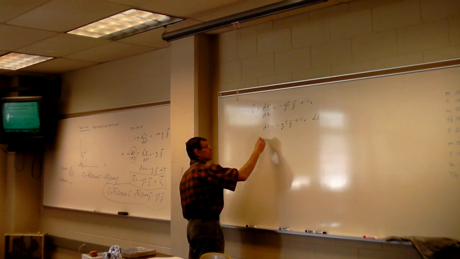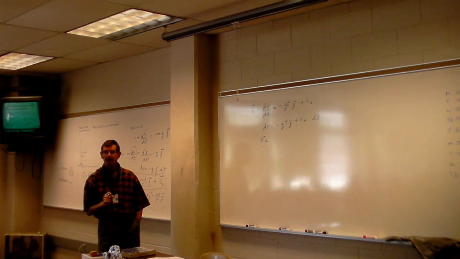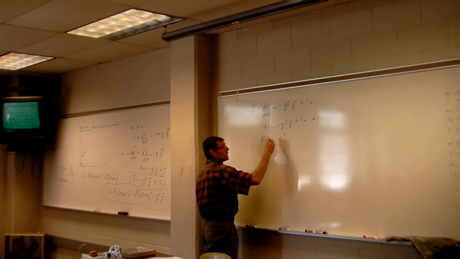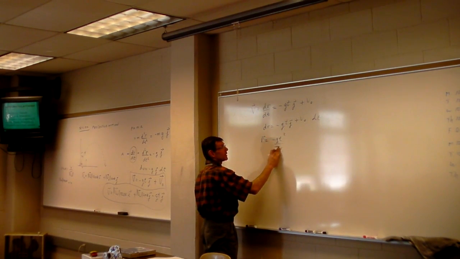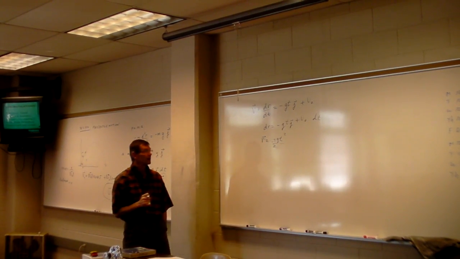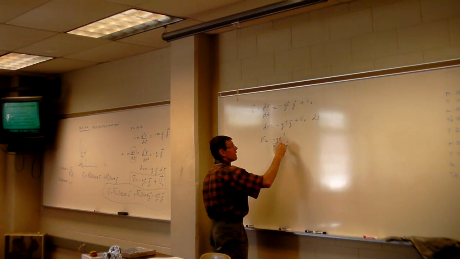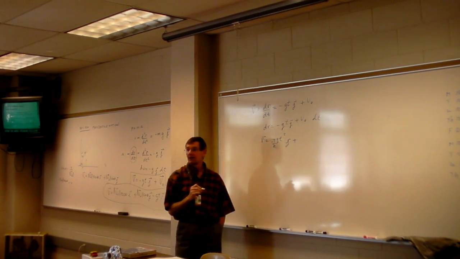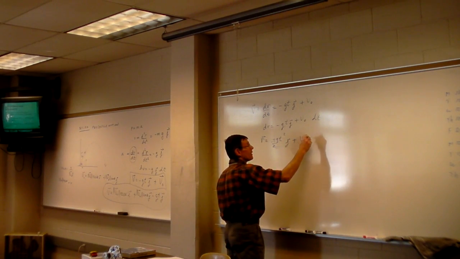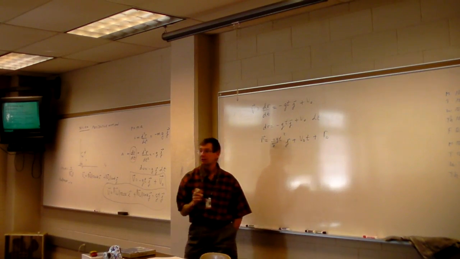So the r vector is going to be minus g over 2, or basically 1/2 g t squared j plus v sub naught t plus the initial position, which we'll call r sub naught.